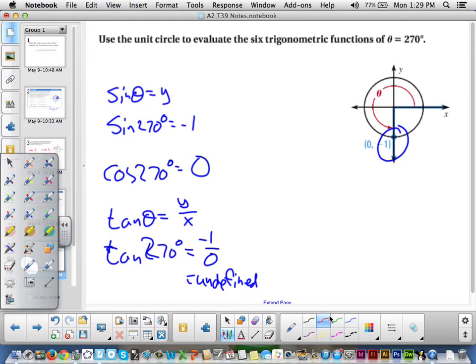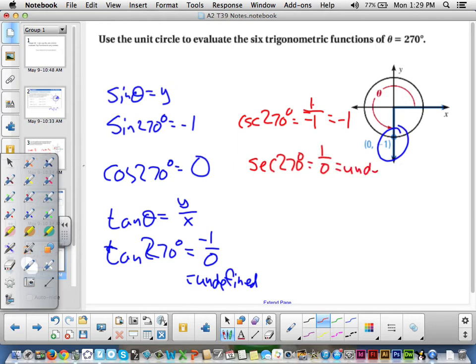Now, we just flip these for the other ones. Cosecant, if you take 1 and divide by negative 1, you get negative 1. Secant of 270 degrees, we're going to take 1 and divide it by 0.